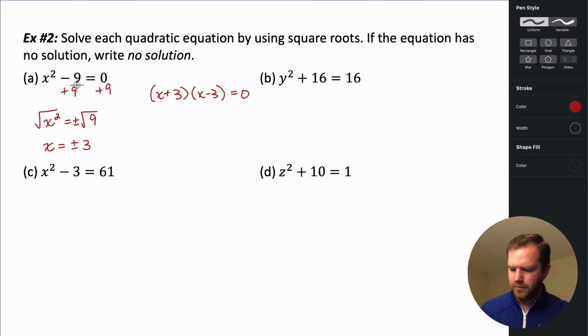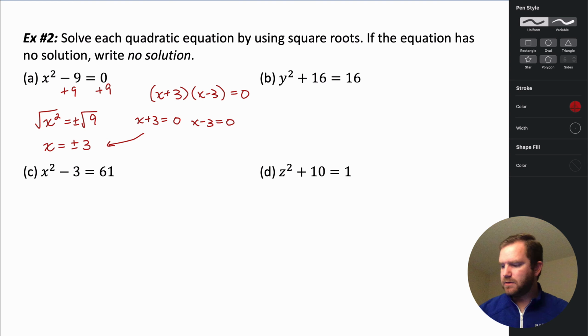Because this is factorable. If I set each of these pieces equal to 0, x plus 3 equals 0 and x minus 3 equals 0, I would get precisely what I got through taking the square roots. So both of these methods are equally acceptable when they don't ask us to solve using square roots. But for these problems, I do want you to use square roots because that's what it's asking us to use.